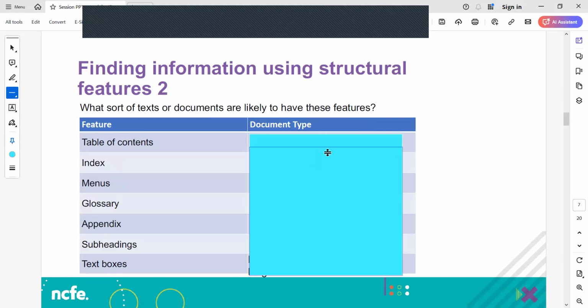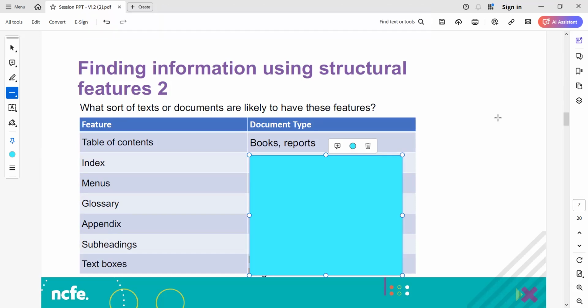I'll be finding the report. Yeah. So in a report, or also you'd find a table of contents in a book. You're not going to be asked to read a whole book for your test, but that's where you would generally see a table of contents, books and reports.